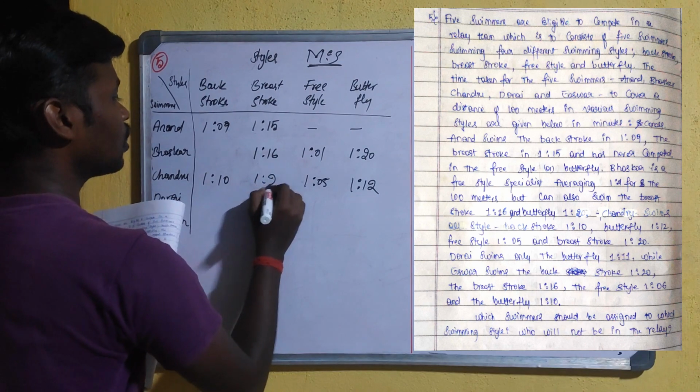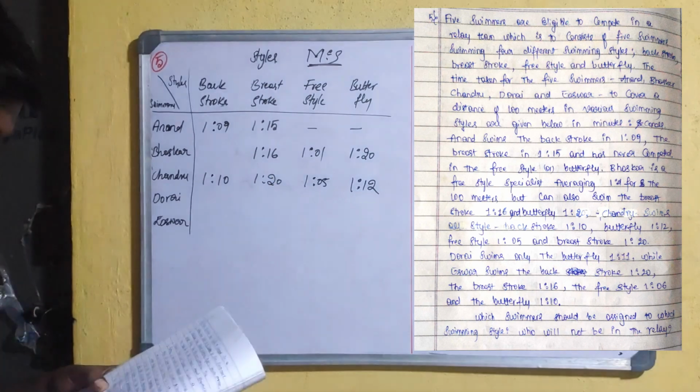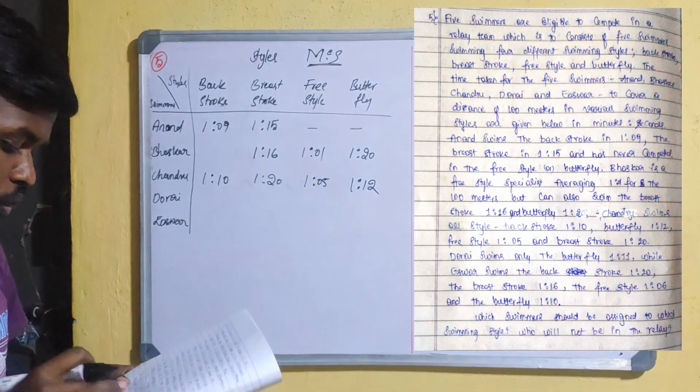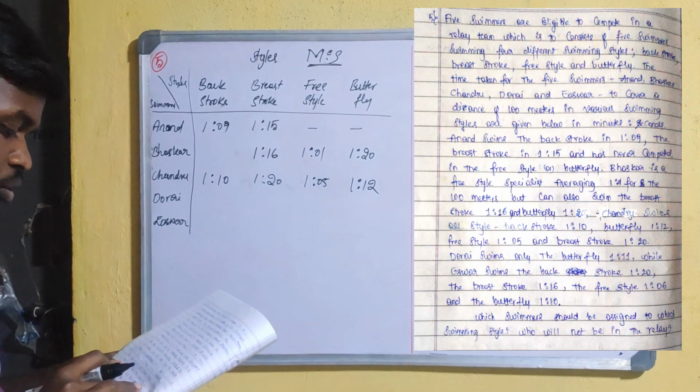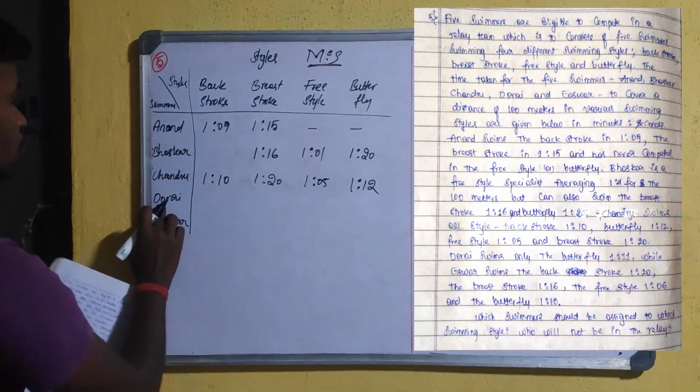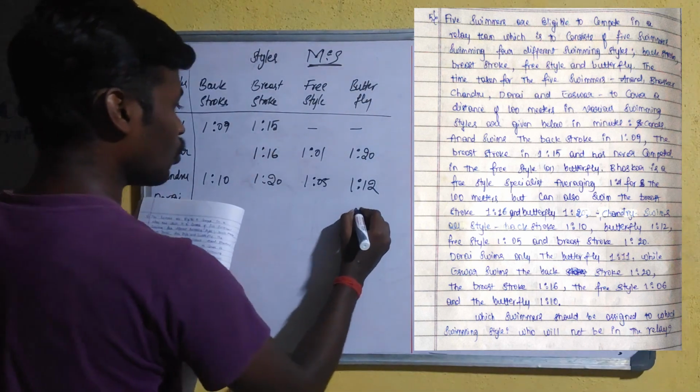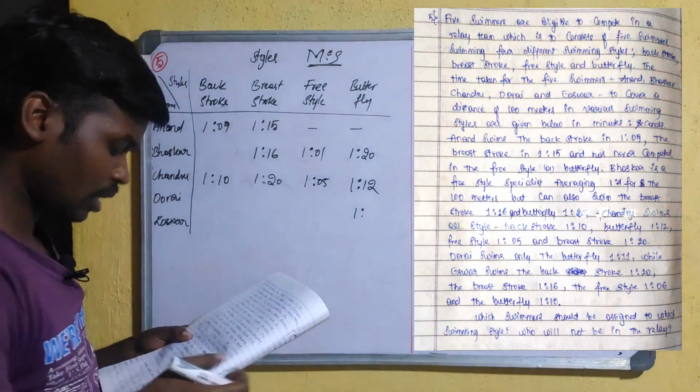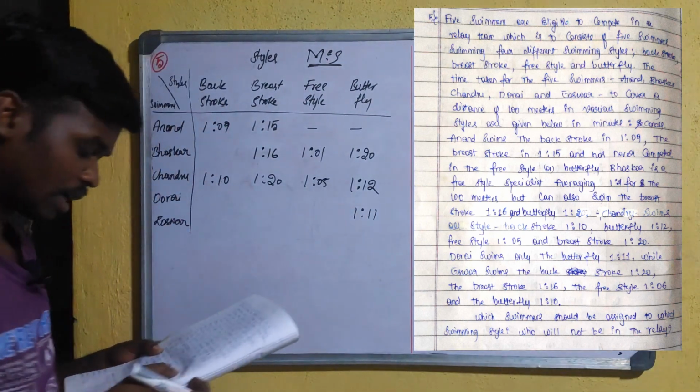And Dorai swims only the butterfly, in 1 minute 11 seconds.